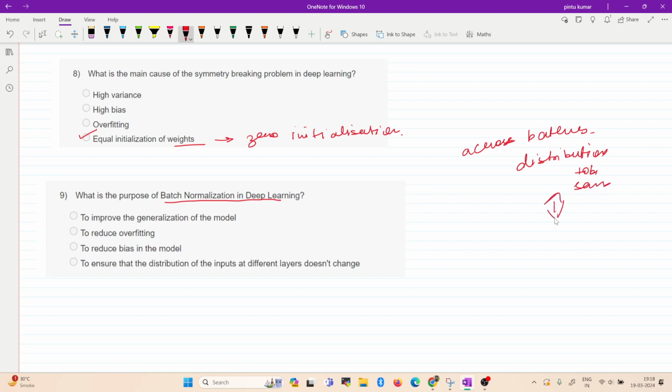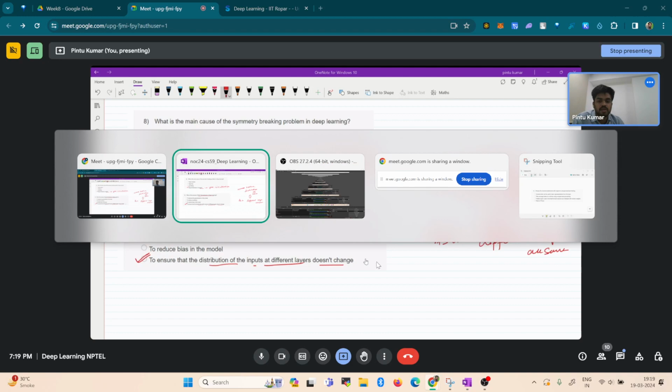As a byproduct, what you get is that the distribution of different layers is also the same. So here also your option D is the only correct one: it ensures that the distribution of different inputs at different layers is the same. Doesn't change, means same.